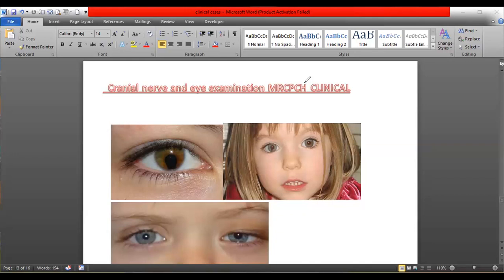And what are the components of CHARGE syndrome? Coloboma, heart defects, atresia choanae, retardation, genitourinary, ear defects. Choanal atresia, okay.